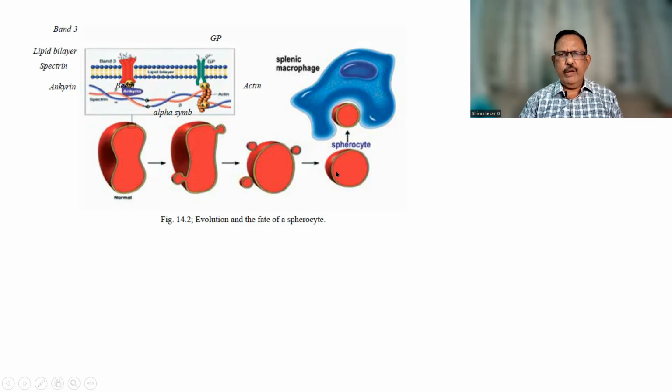It gets pinched off repeatedly, and the pieces are being devoured by the phagocytic cells. Ultimately, the cell assumes the smallest size, and that smallest size is the spherocyte. It is finally devoured or eaten by the phagocytic cells.